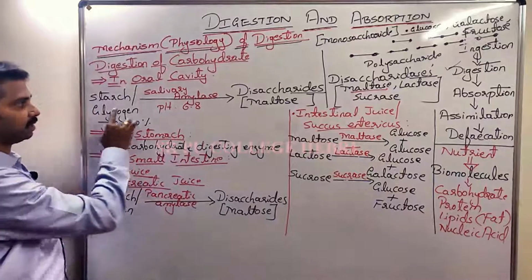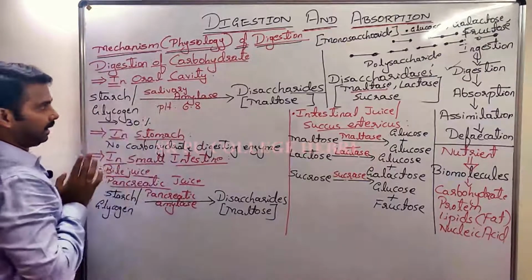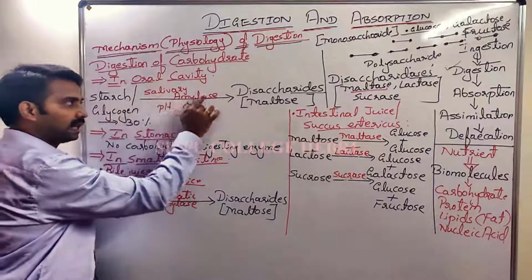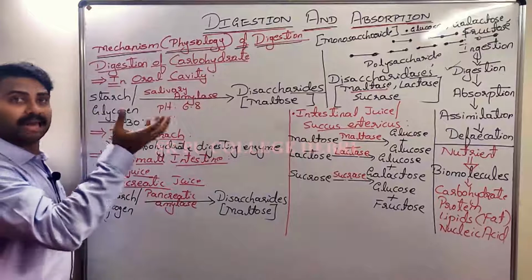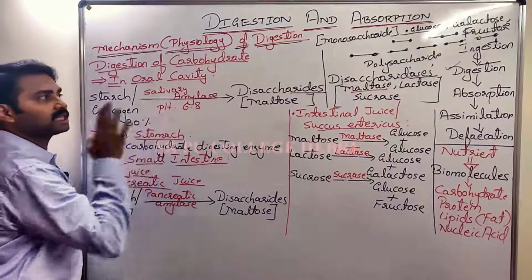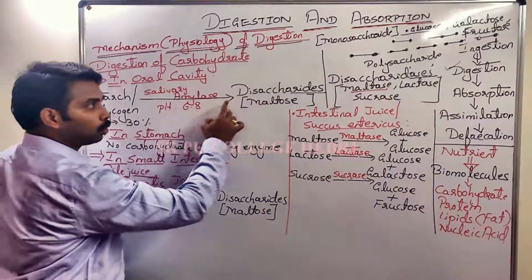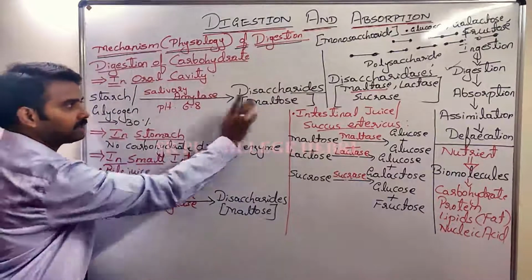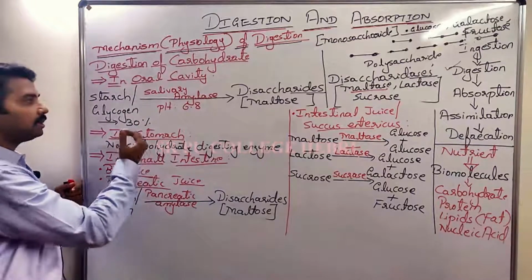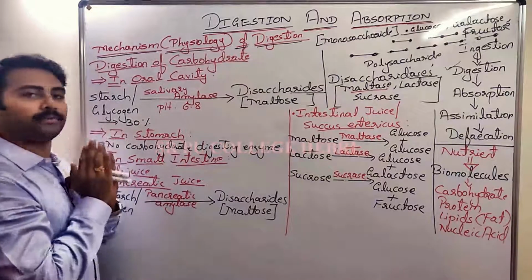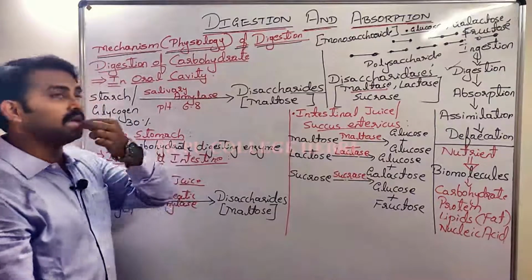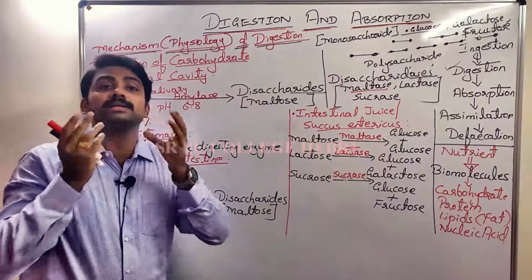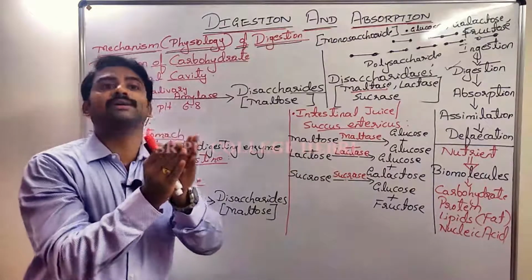The explanation: in the oral cavity, starch and glycogen, in the presence of salivary amylase of the saliva at a pH of 6.8, are broken down to a disaccharide like maltose. Then write this reaction. Only 30% of carbohydrate digestion is seen in the oral cavity, because food remains in the oral cavity for a shorter duration.